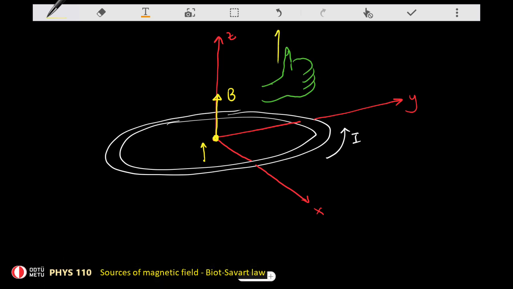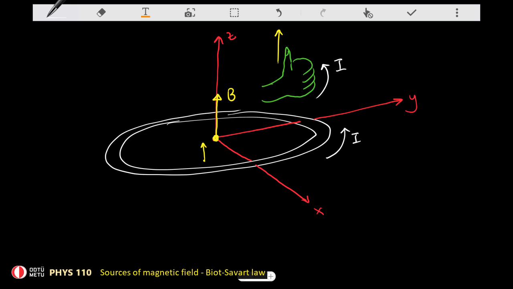So if your thumb shows the magnetic field produced by that circuit at the origin, at the midpoint of that circle, in that case, the other four fingers show the direction of the current. So as a result, to use this last rule, you have to orient your four fingers along the direction of the current and then see which direction your thumb shows. That's basically the direction of the magnetic field at the center. Okay, let's just keep this in mind.